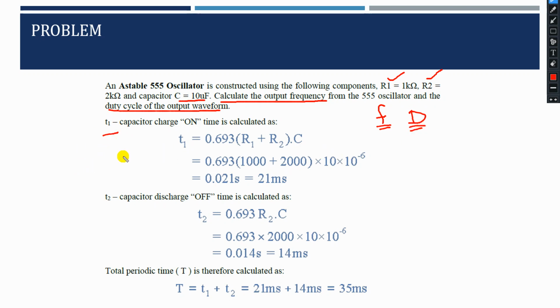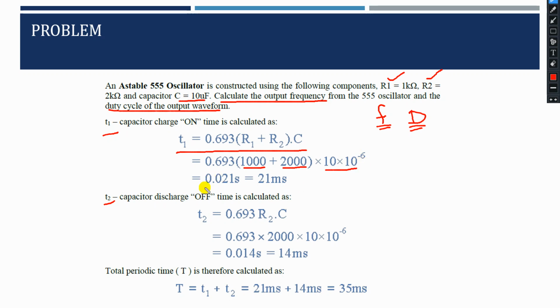Let us find T1, T2. That's very important to find the frequency as well as the duty cycle. So what is T1? As per the formula, T1 is equal to 0.693 into R1 plus R2 into C. R1 is 1 kilo, which is 1000. R2 is 2 kilo, which is 2000. Into the capacitance value, 10 micro, where micro means 10 to the power of minus 6.